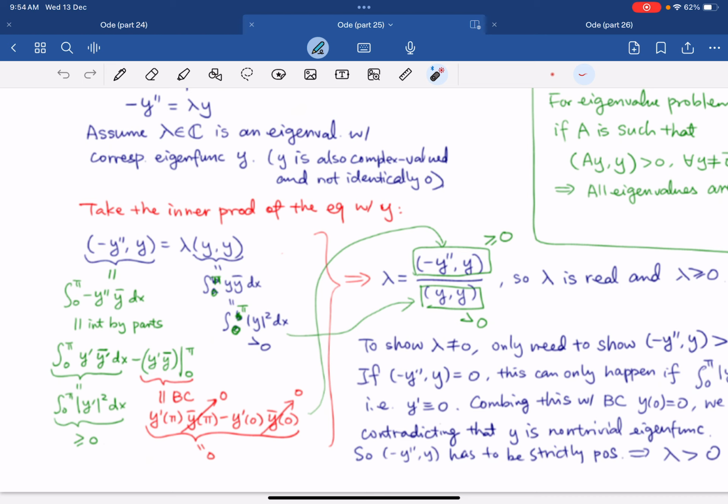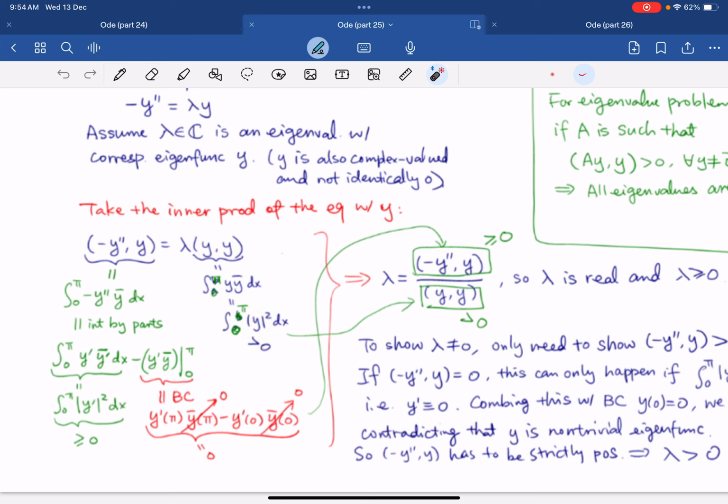Then we look at this portion here, and we show that the inner product of y and y is just going to be this function. And because this is the modulus, this whole thing must always be positive.